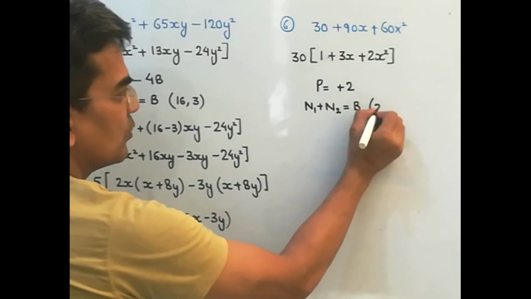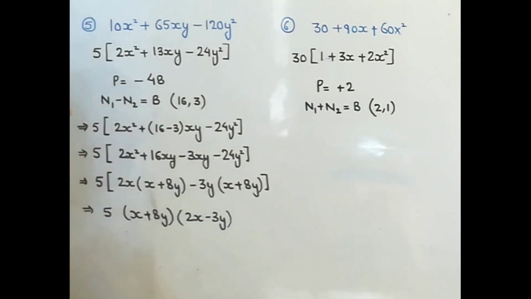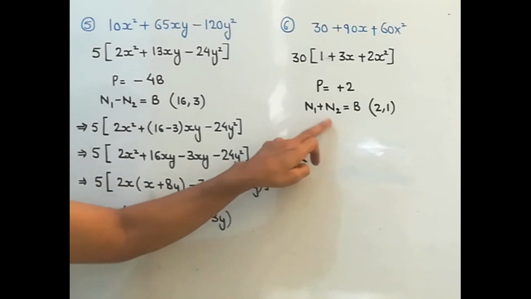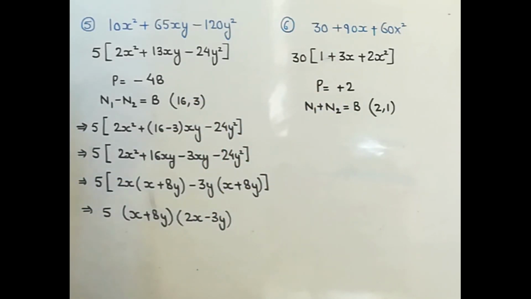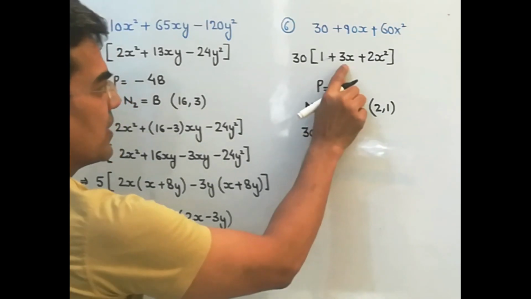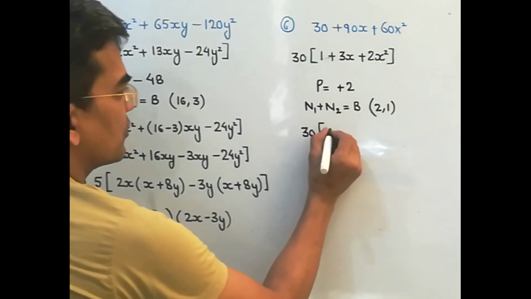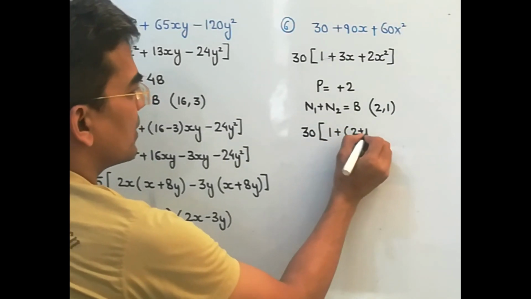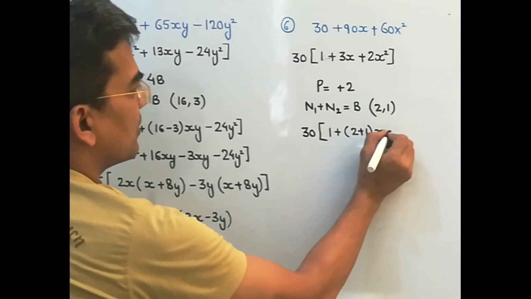So we can say the two numbers are 2 and 1. Their product will be 2 and their sum will be equal to 3. In the next step, you will replace B by n1 plus n2. So B will be replaced by n1 plus n2. Rest will remain as it is.